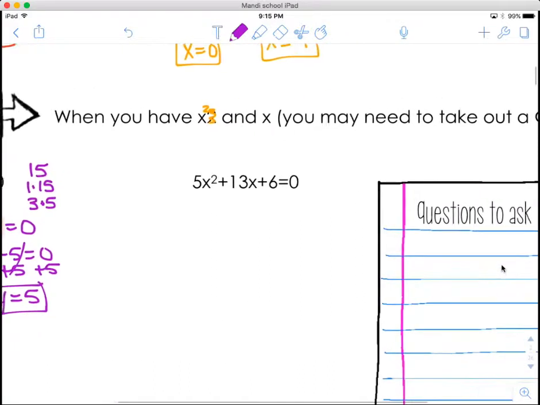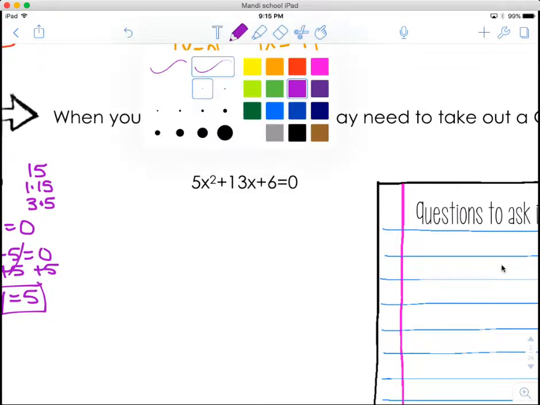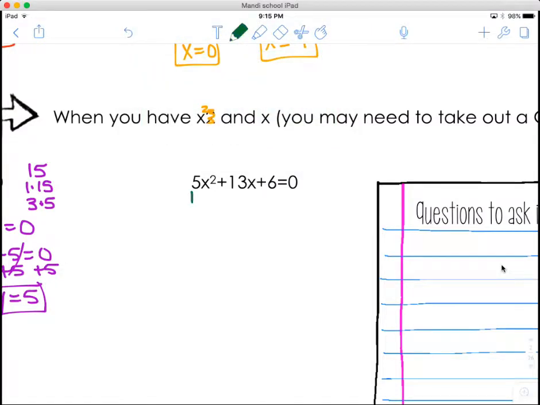Okay, so let's look at this one. The number before the x isn't 1, so we do it the same way. 5 times 6 is 30. That's 1 times 30, 2 times 15, 3 times 10, 6 times 5.